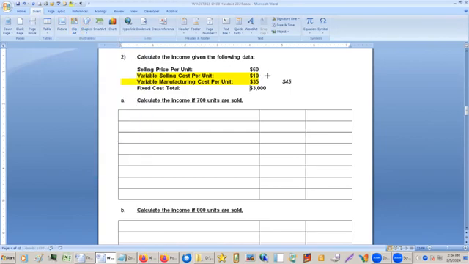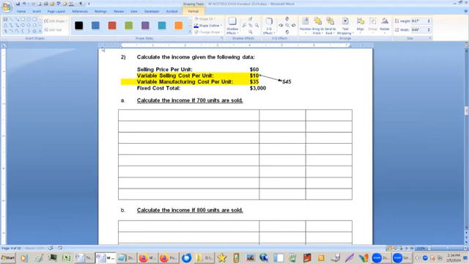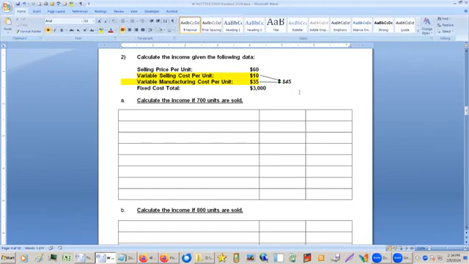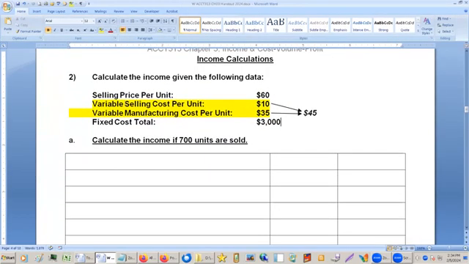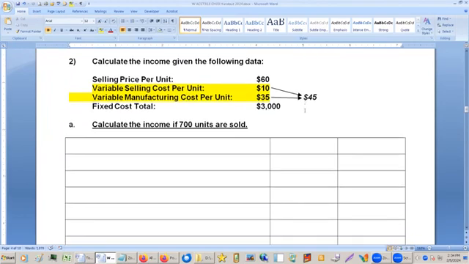So I'm just going to combine these into one variable cost per unit. They tell us that some of it is from selling and some of it is from manufacturing, but we just need the total. You don't have to, you can leave them separate.